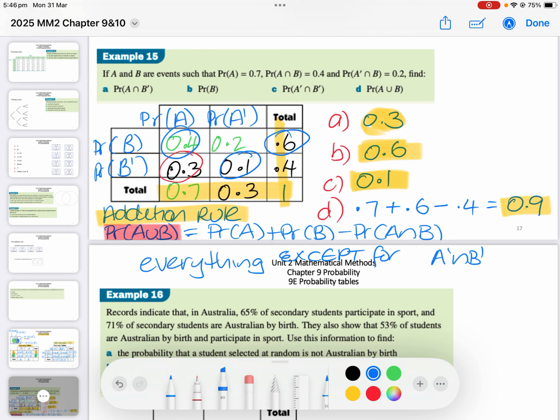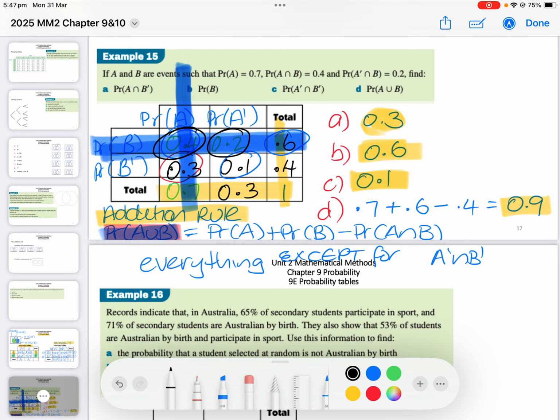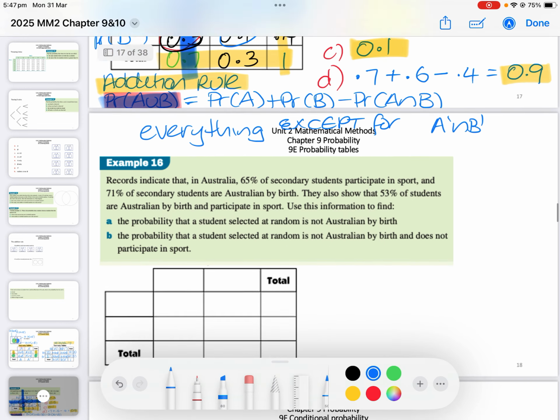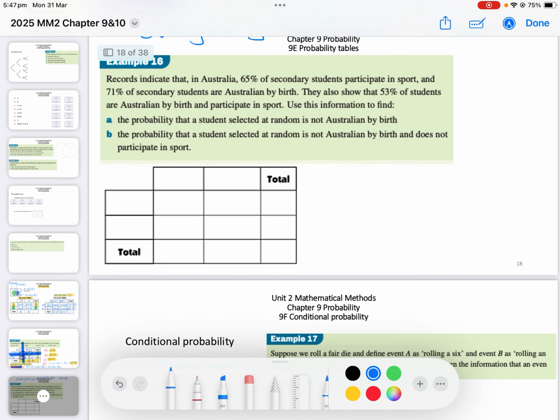I want all of A and all of B, the union of A and B. So then I can add up 0.2 plus 0.4 plus 0.3, which is also another way to get 0.9. So if you don't want to remember the formula, that's the way that works. Made a bit of a mess of that page, but it's not something that you'll find particularly hard.